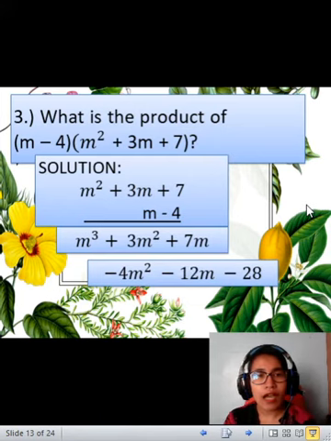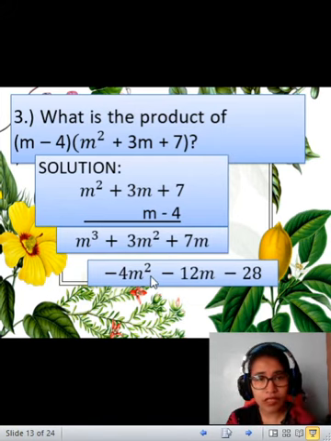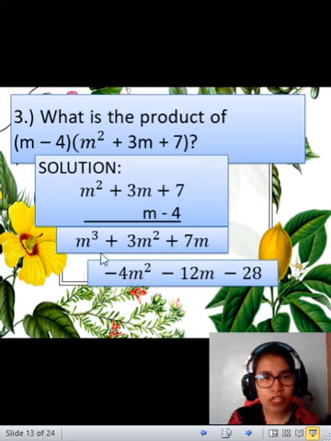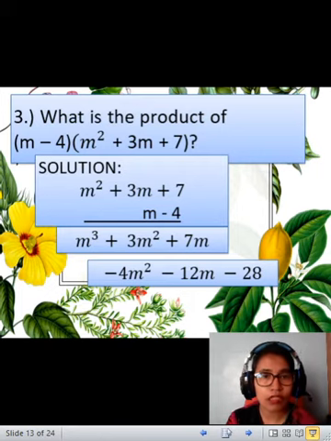Take note, I put it in a column again and align the similar terms, because my next step is to add the similar terms for my final answer. So I will bring down this negative 28 because there is nothing to be added to it.